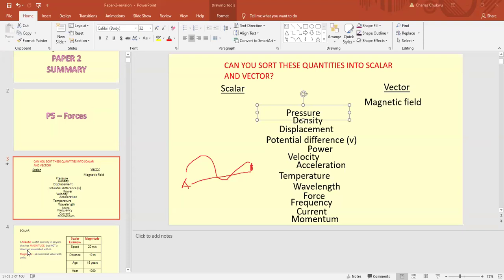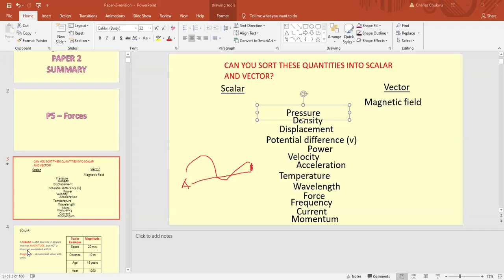It's just a scalar quantity. Power is also scalar. Power is the rate at which work is done, or the rate at which energy is dissipated. So it's just a scalar quantity.